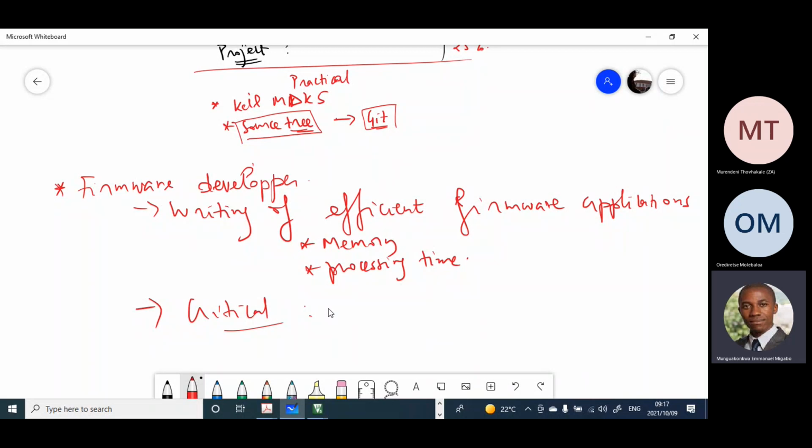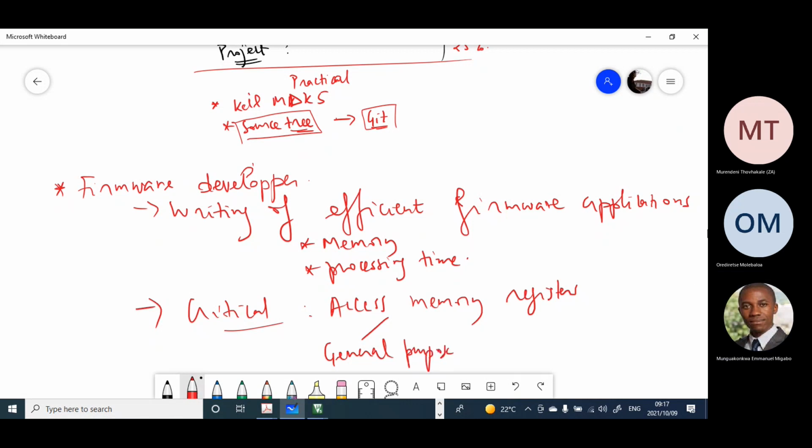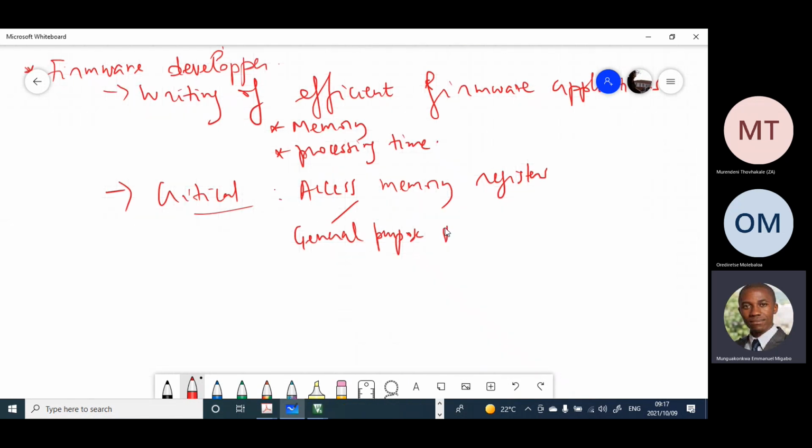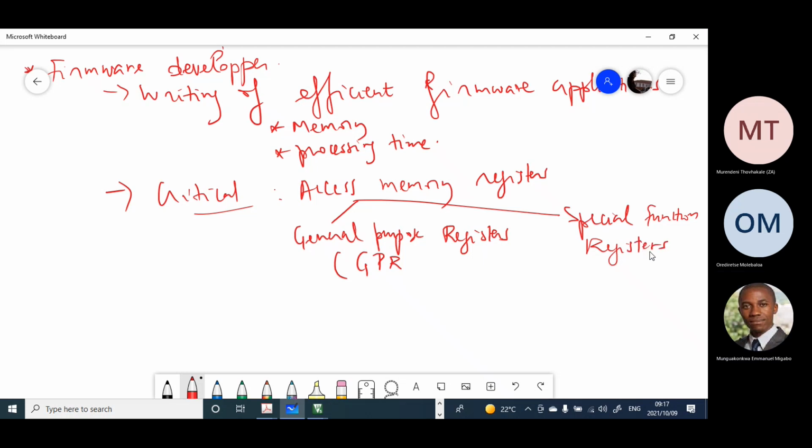So we write code, we access memory and registers, both what we call general purpose registers, often referred to in short as GPRs, as well as special function registers, SFRs, directly.